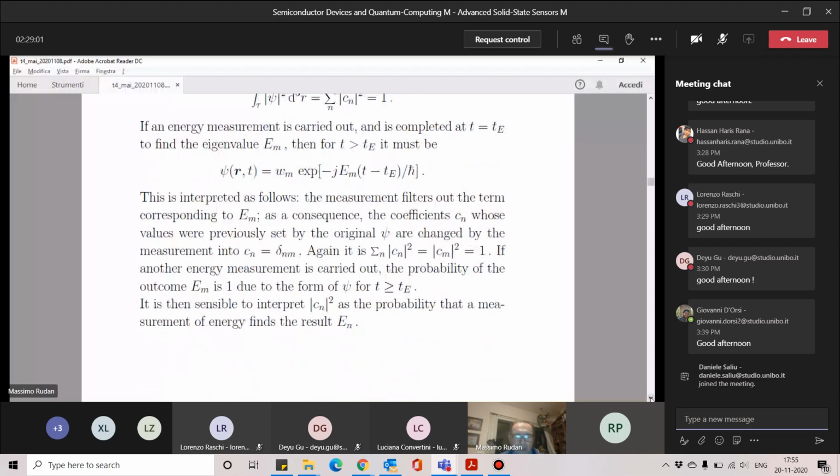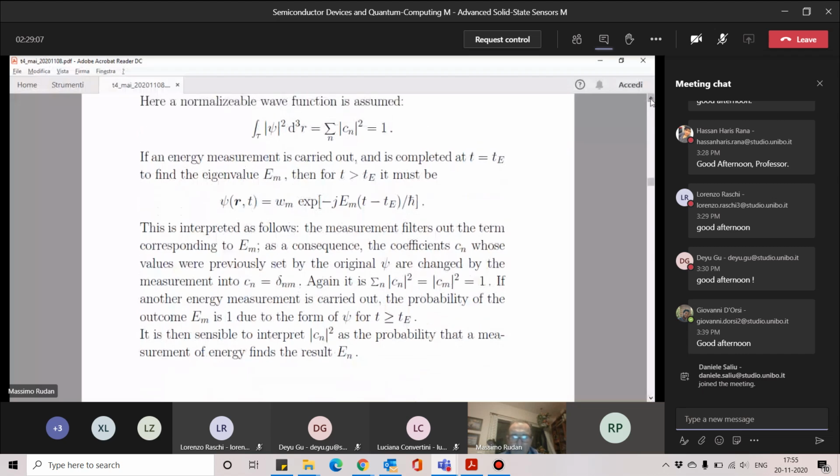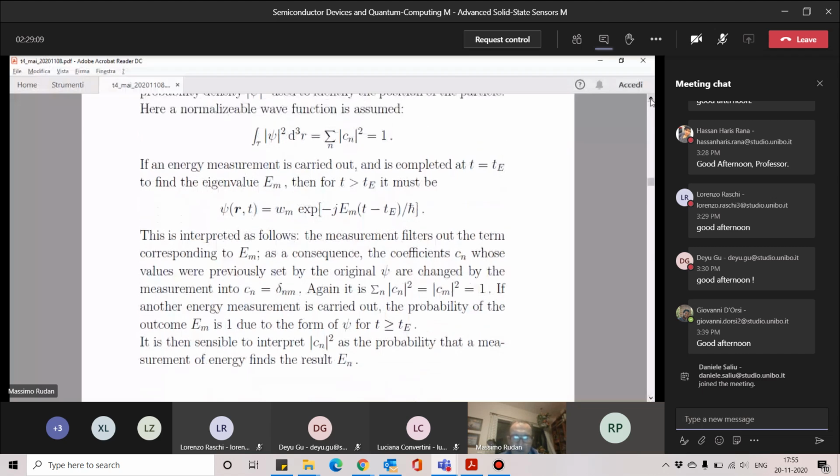So we may, at this point, try to attach a physical meaning to the coefficients of the expansion. We may think that the square modulus of Cn, the general coefficient of the expansion, is the probability that a measure of energy finds the corresponding eigenvalue E sub n.